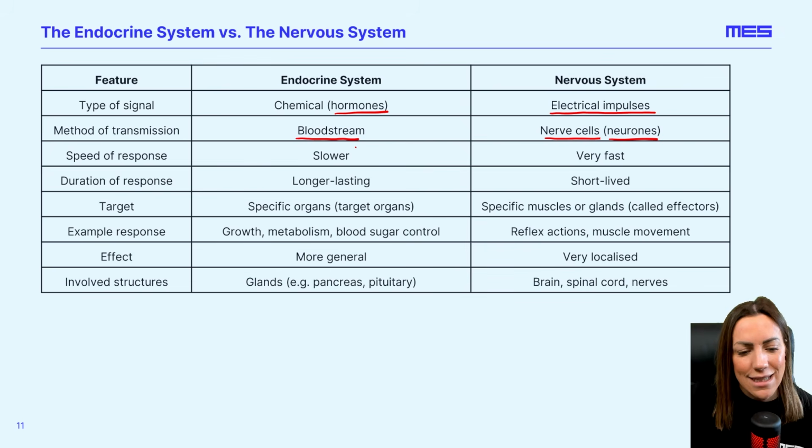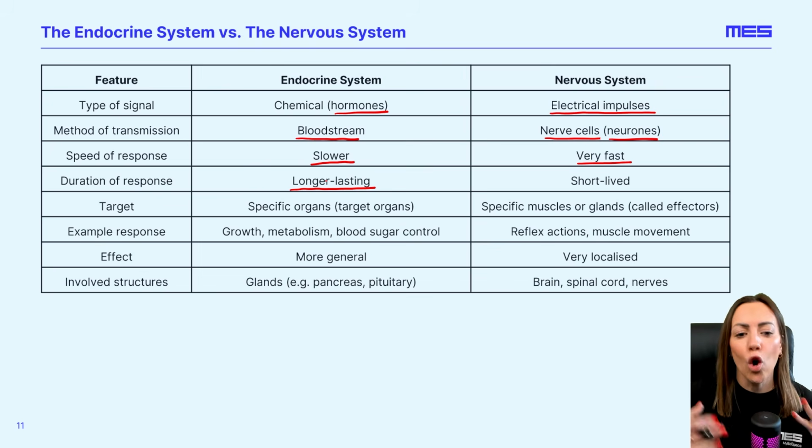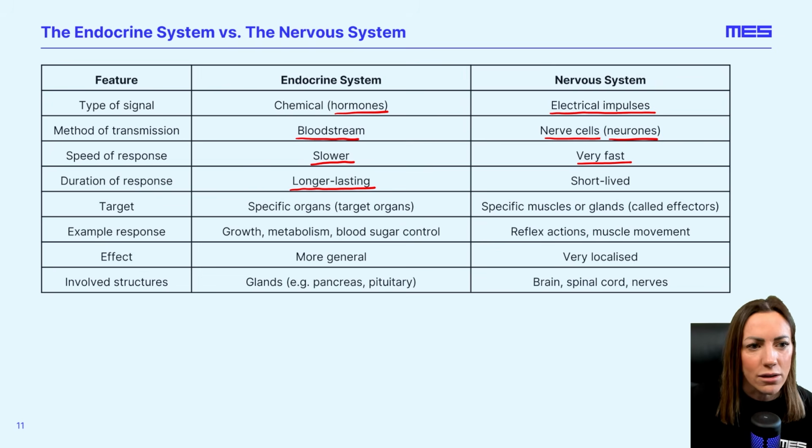Now, the endocrine system, because it uses hormones and because they have to travel in the blood, is slower acting, whereas the nervous system uses electrical impulses, so it's very, very fast responses. We're talking millisecond responses. Endocrine system, the responses do last for longer because the hormones will remain in the bloodstream for longer, whereas the nervous system responses are very short-lived.